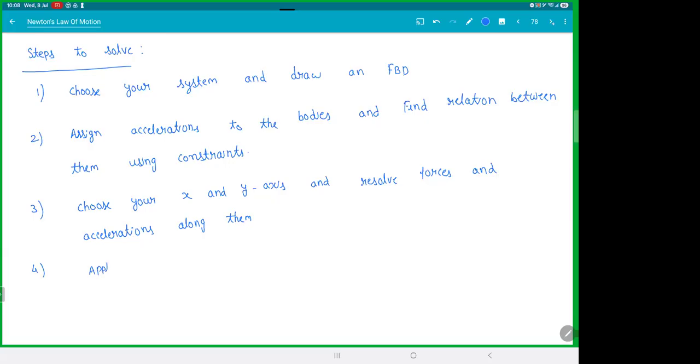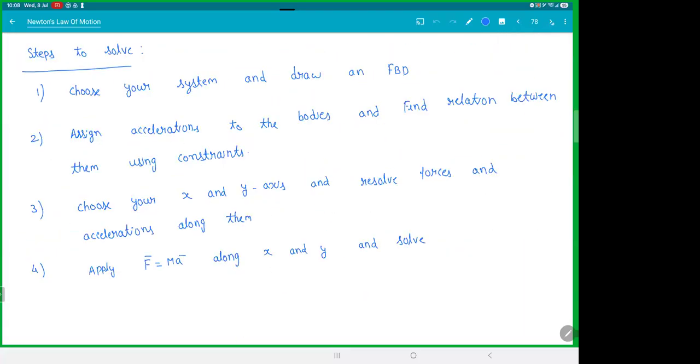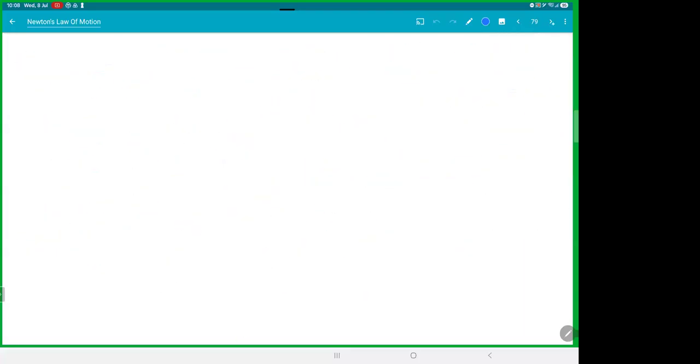Apply F is equal to m a bar along X and Y and solve for equations. If your system is in equilibrium, then a is 0. That's it. Those are the steps. All clear with the process? Great. Let's see a few questions. Then I'll go ahead.